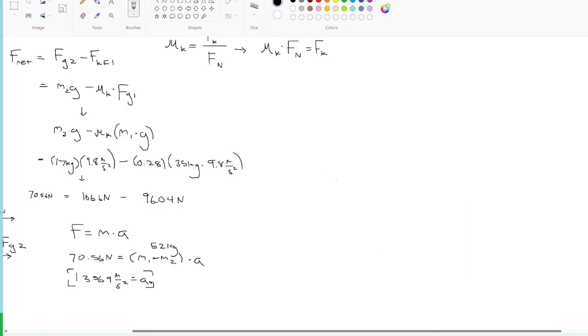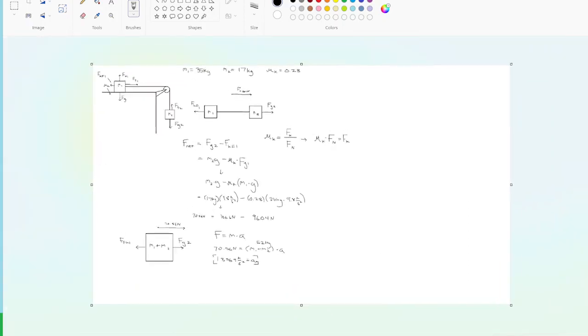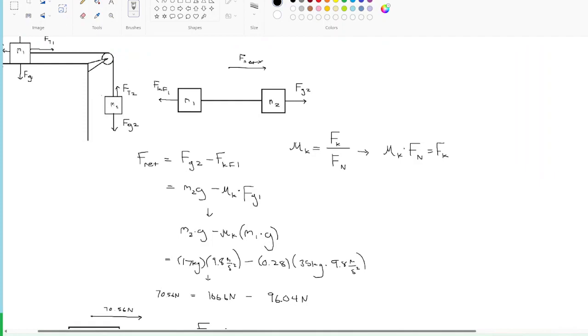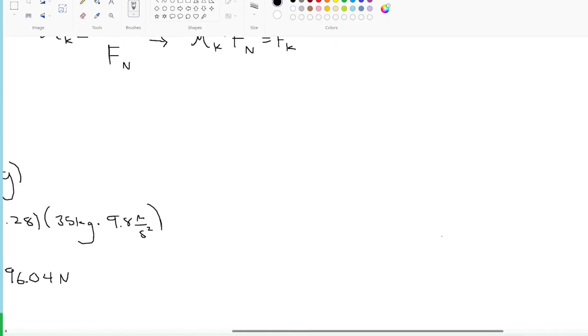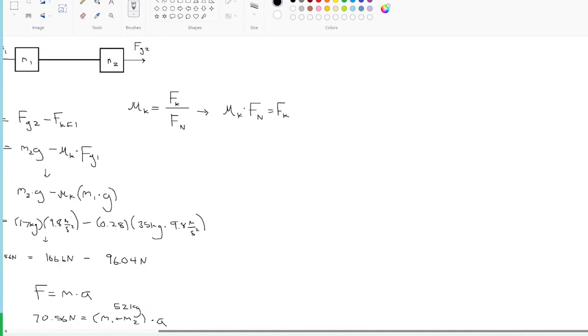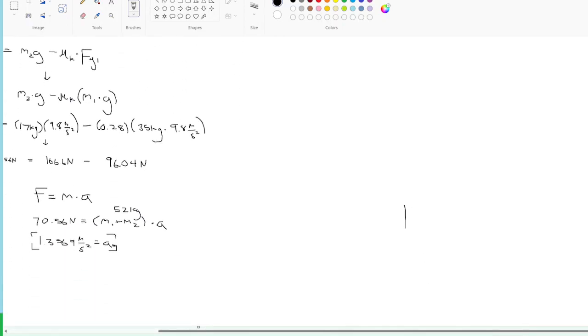So how do we solve for this? Well, how I like to solve for it is I take this out of context and only look at this. So let's redraw this over here.